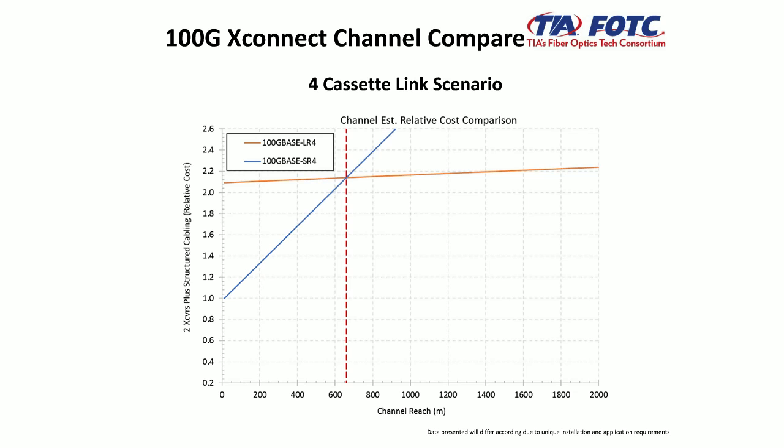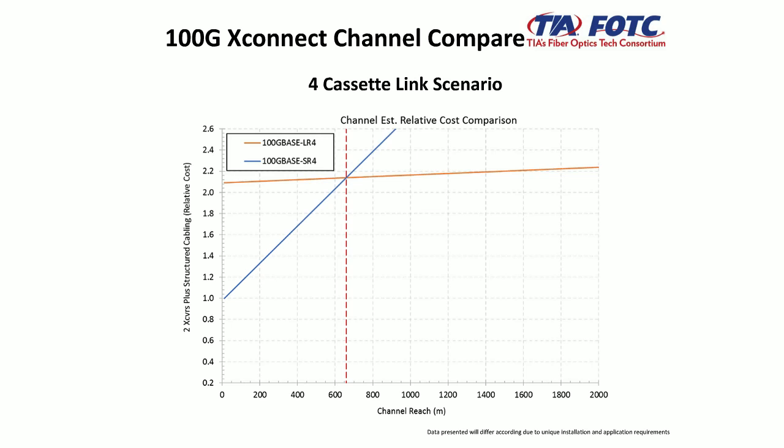For the LR4, I have 4 cassettes, and those cassettes are 12 fiber cassettes. So the cost for the LR version is 1/6 of the cost because there are 6 channels per cassette. For the SR4, I've got MPO connectivity and MPO coupler panels all the way through. So I've got 4 MPO coupler panels.